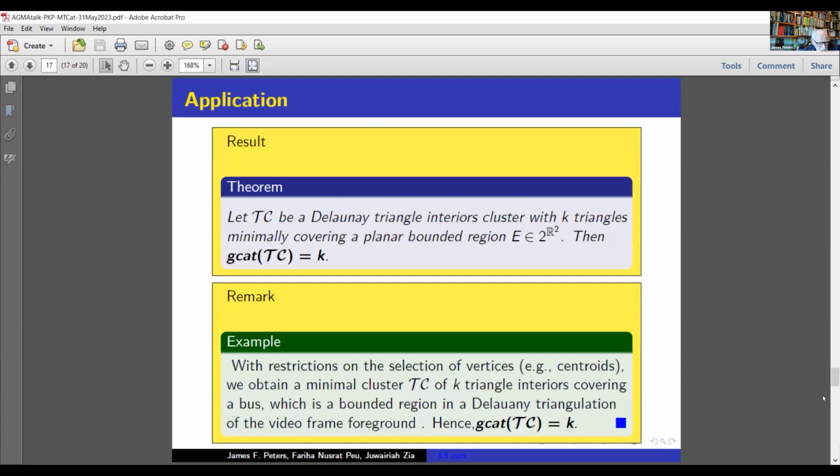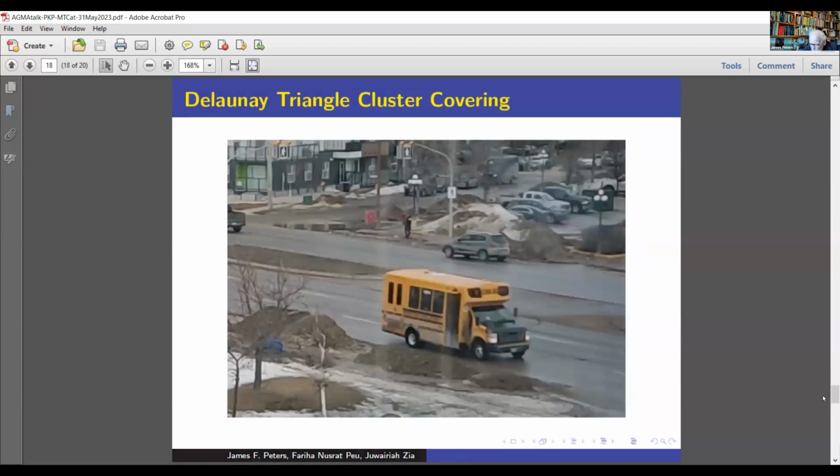And moving ahead, because I'm running out of time, we want to look at Delaunay triangles and consider a geometric realization of triangle clusters. This is kind of remarkable because we're moving from the abstract triangle clusters in a homotopic space in the Whitehead sense to a collection of triangles that are in a Euclidean space. So here's an example.